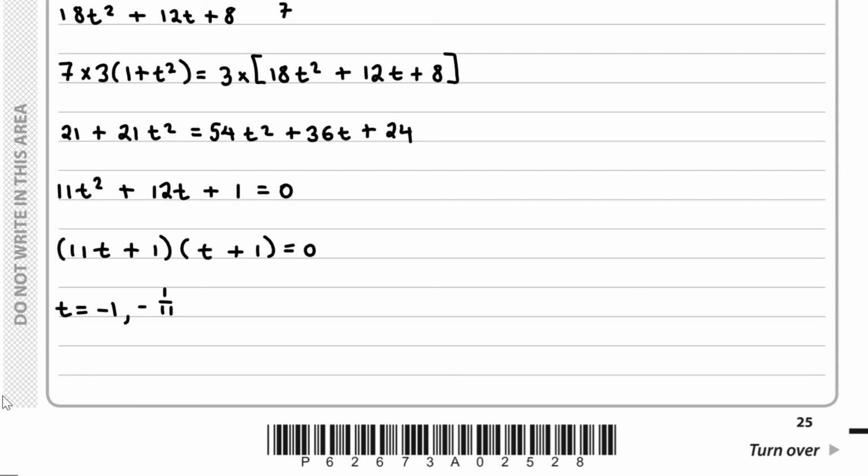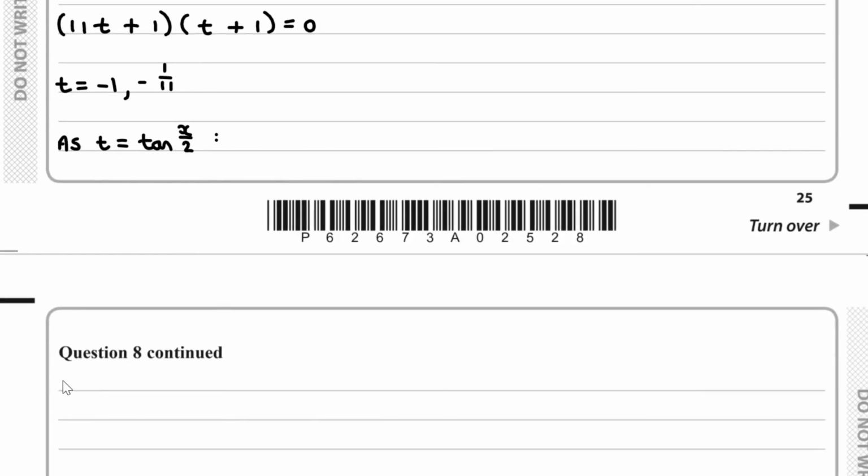Now over here, we know already t is equal to tan of x upon 2. So as t is equal to tan of x upon 2, what we're solving then is tan of x upon 2 equals minus 1 and minus 1 over 11. And our original domain, we're solving in between 0 and 2 pi.